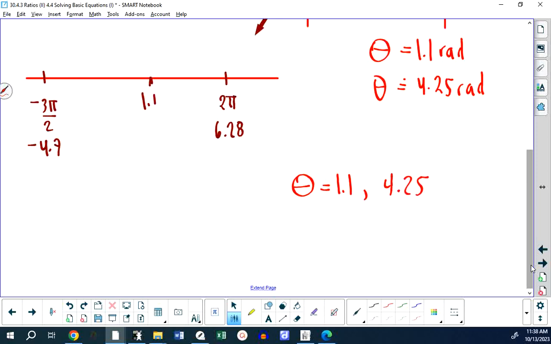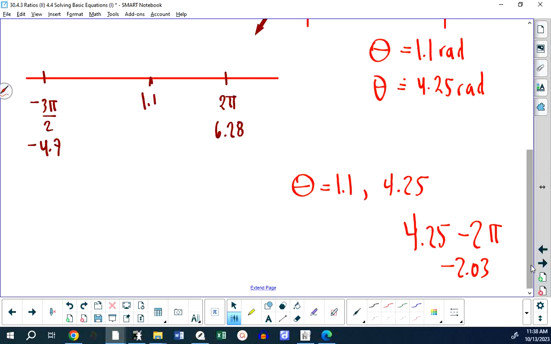Pretty clear, obviously, I think. If we add 2 pi to that, we will be past 2 pi. There's no sense adding 2 pi to this to see if we're still in the domain. But what if I take 4.25 and I take away 2 pi? You get negative 2.03, I think. Oh, that's in there.